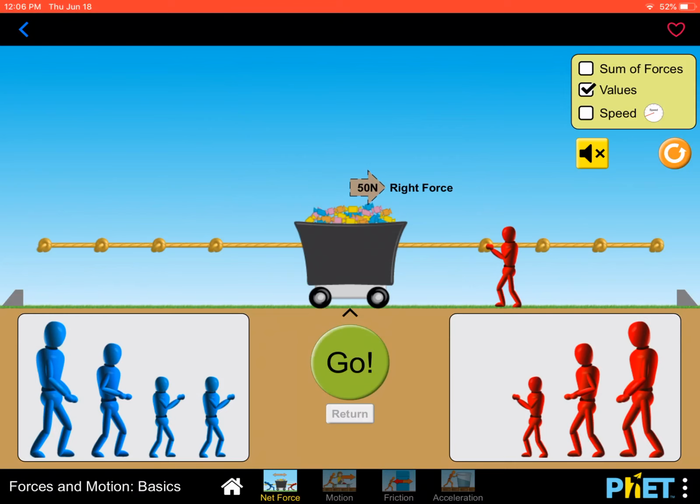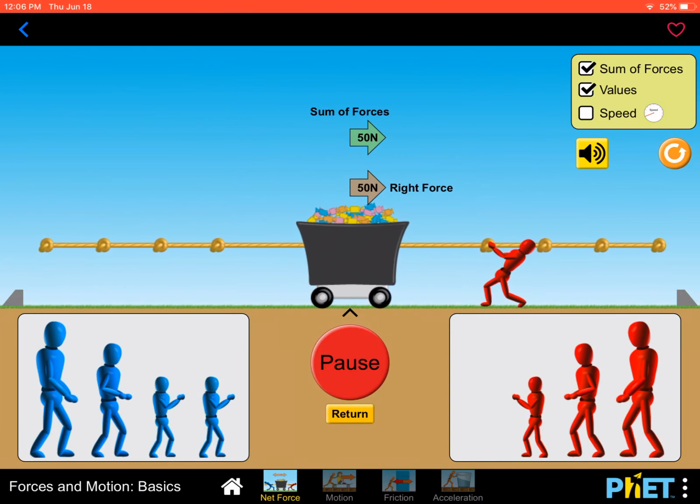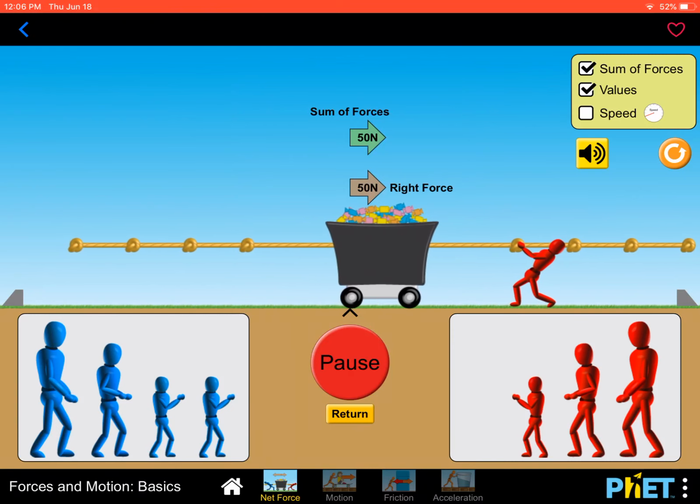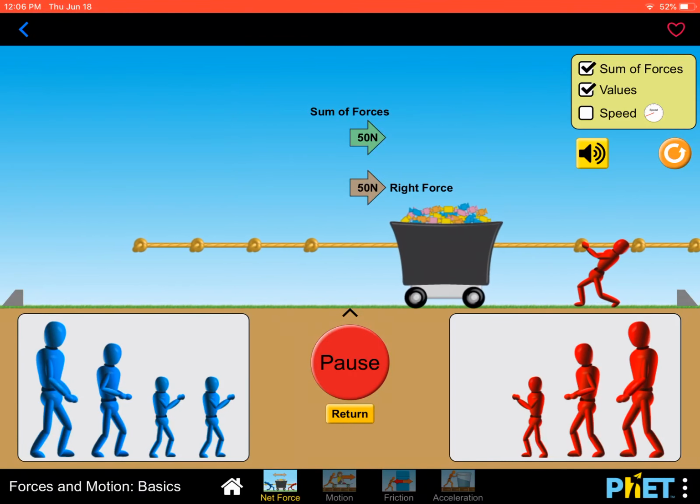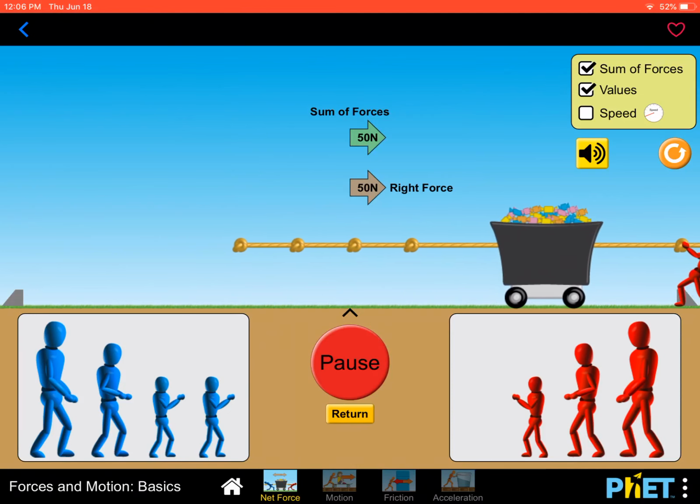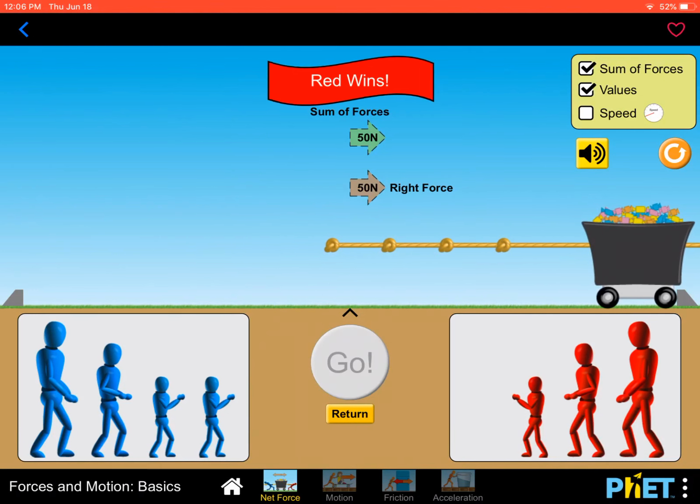If it's 50 newtons to the right, and I want to know what is the net force on this and in which direction it moves, that tells me the sum of the forces. There's only one force, so the sum of the force is towards the right. And if I do that, see what happens. It moves towards the right, because the net force is in that direction.